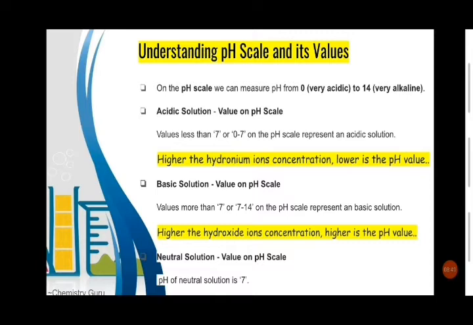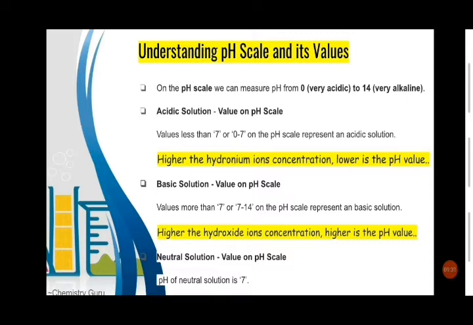So if I take an overview of the complete pH scale, it is a scale having readings from 0 to 14, where on the 0 side it is more acidic, and towards 14 it is alkaline, right? 0 to 7, less than 7, is acidic, and more than 7 is basic, and the neutral one is when it comes out to be 7.